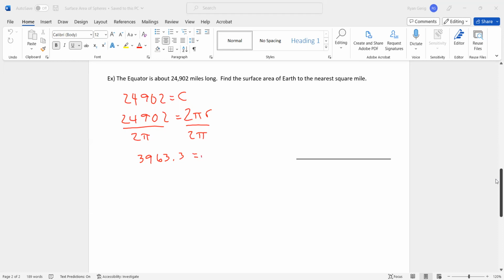Okay. So that's the radius. Now I'm going to use that with my area. So I'm going to take that number, square it, and then multiply it by 4 pi. And I get a very, very large number.